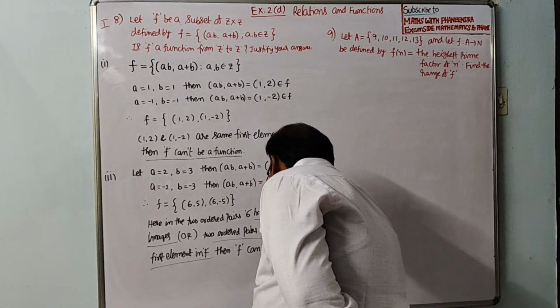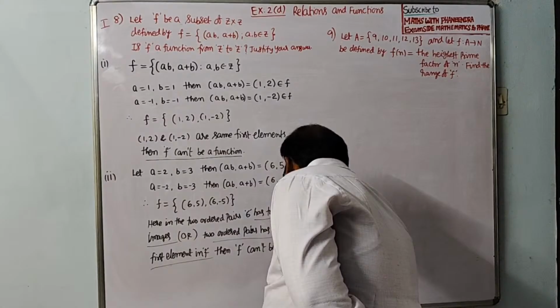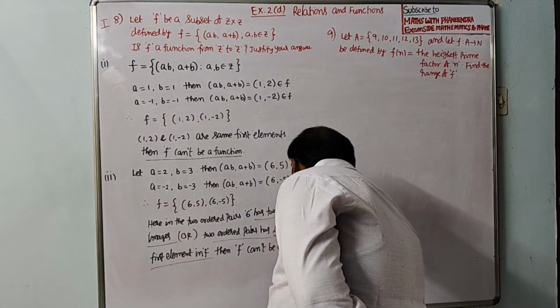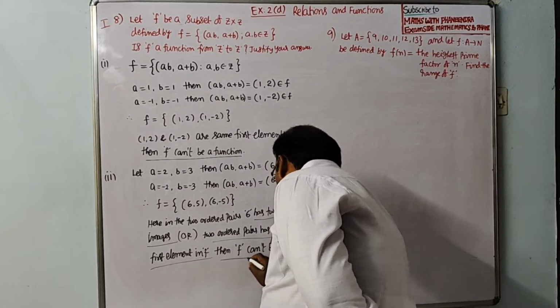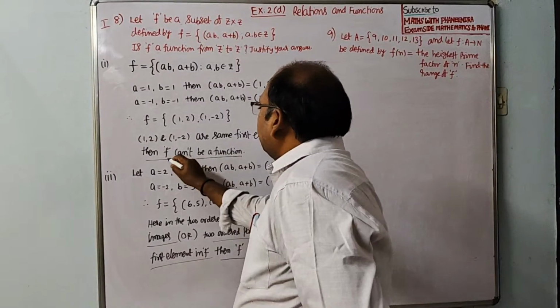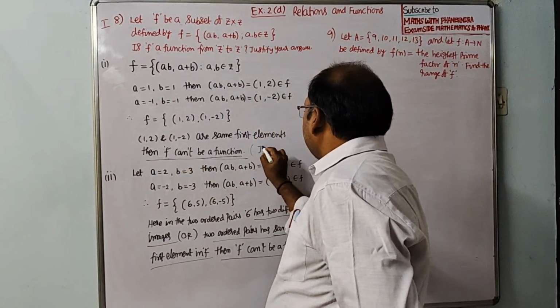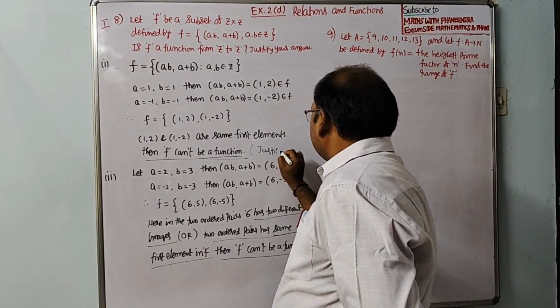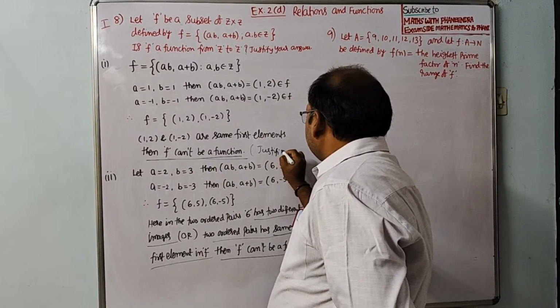This is the justification. F can't be a function. This is the only justification, dear students.